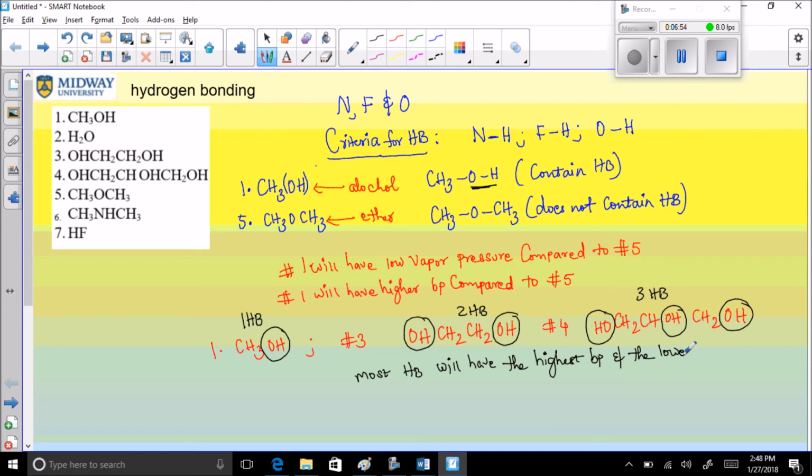Keep in mind, vapor pressure is inversely related to boiling point. The lower the vapor pressure, the higher the boiling point. The higher the vapor pressure, the lower the boiling point.